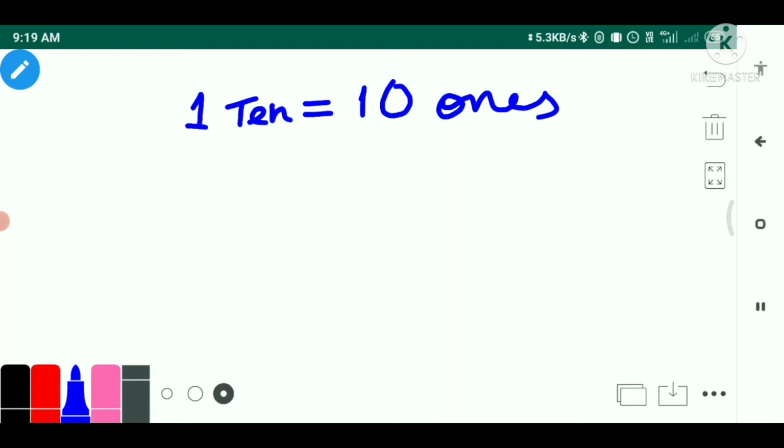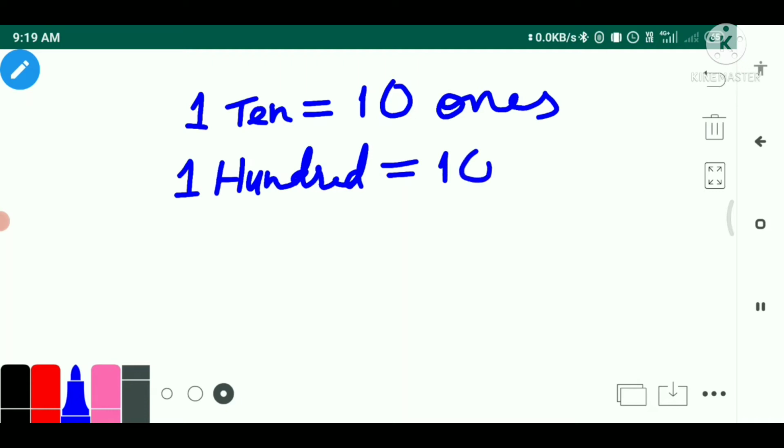Okay, you got it? Now the next one is what? 1 hundred will become 10 tens. So whenever you borrow 1 from the 100, it will become 10 for the value that is in the tens place.